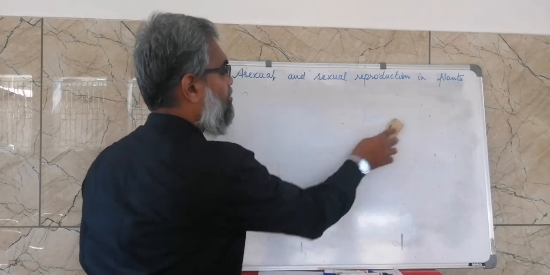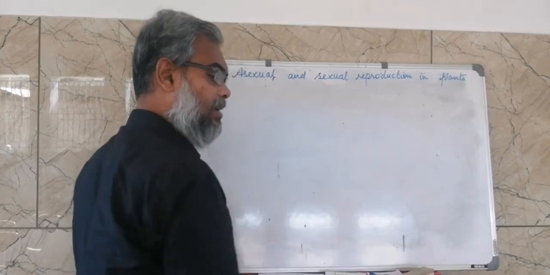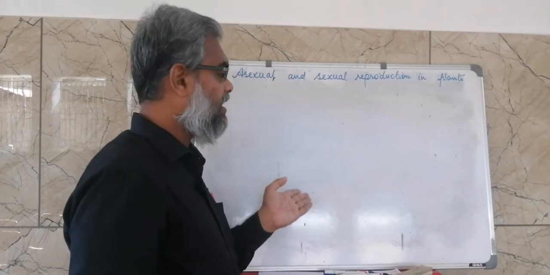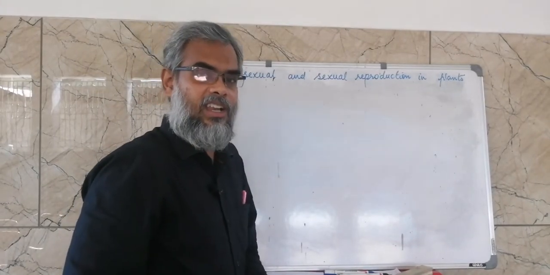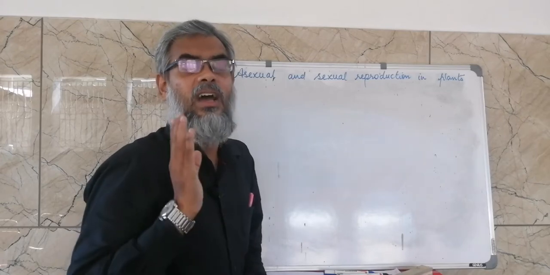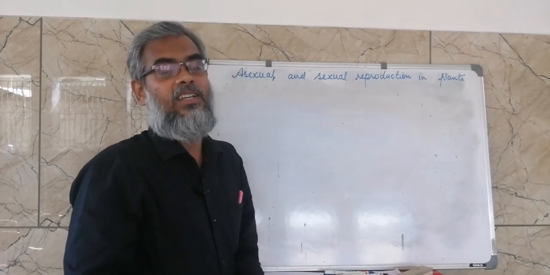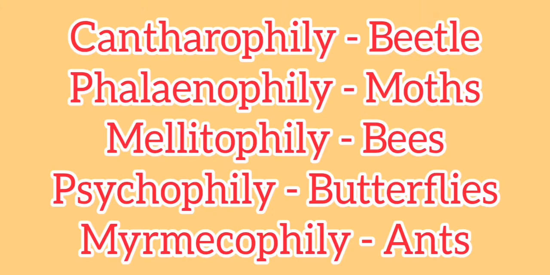So pollination by animals, that too pollination by insects, entomophily, and in the bee we discussed separately. Now let's discuss the advantages and disadvantages of this pollination.